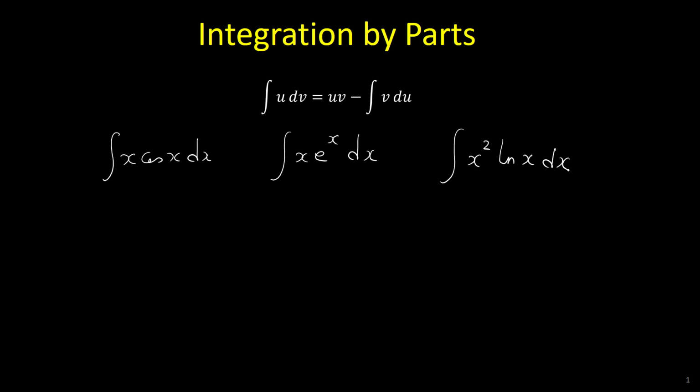You can find all of these integrals with integration by parts. Note that all of these functions are product of two different functions, x times cosine of x. In the second one, x times e to the x. And in the third one, x squared times ln of x.